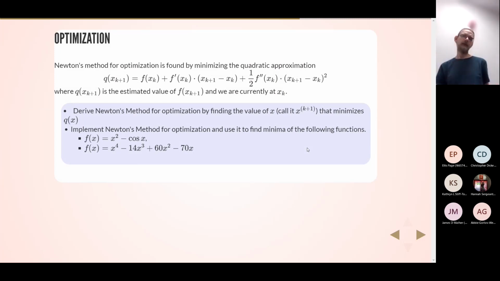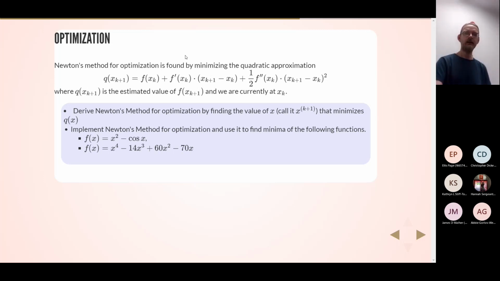I'll try and speed up a bit. Optimization is basically the same thing. This time we'll write out a quadratic, so a Taylor expansion with an extra term that includes the second derivative of the function. On the left-hand side we've got an estimate of the function at the new position, x at k+1.